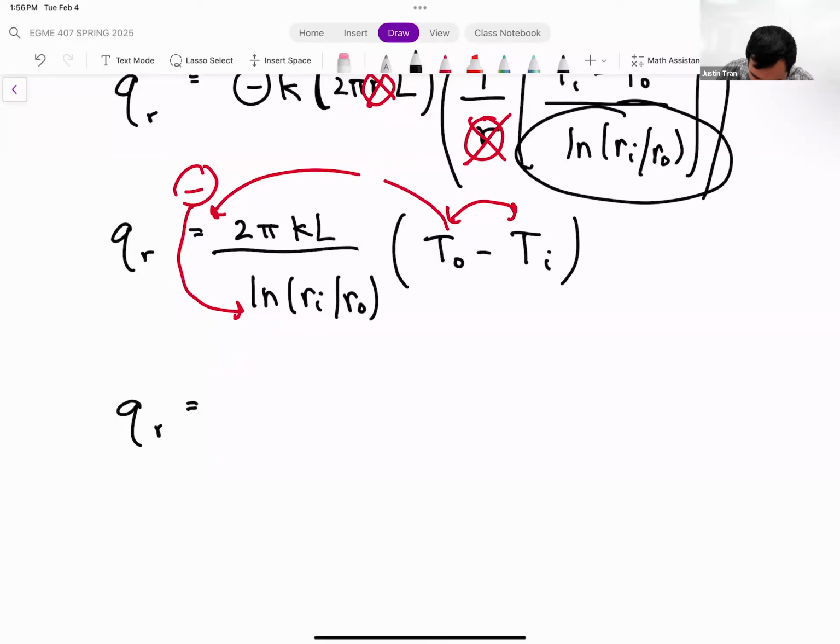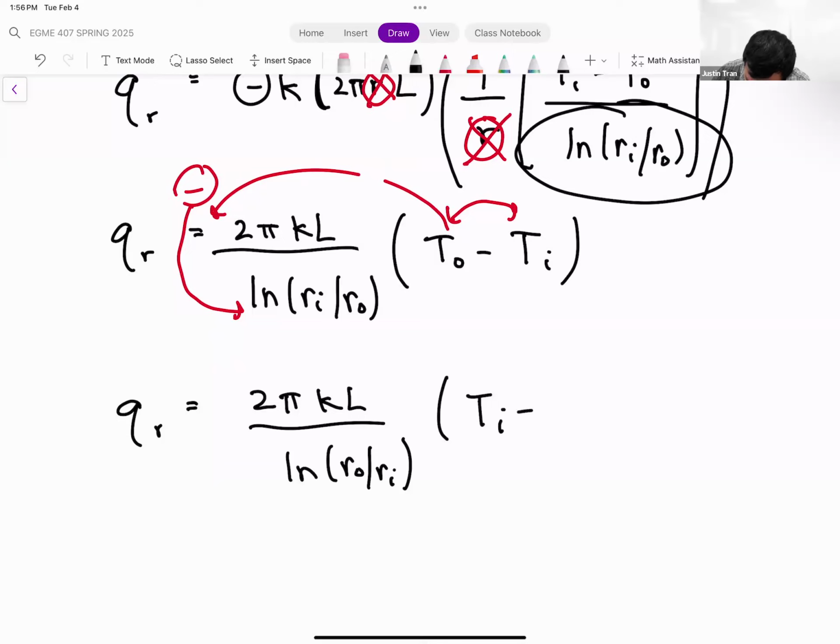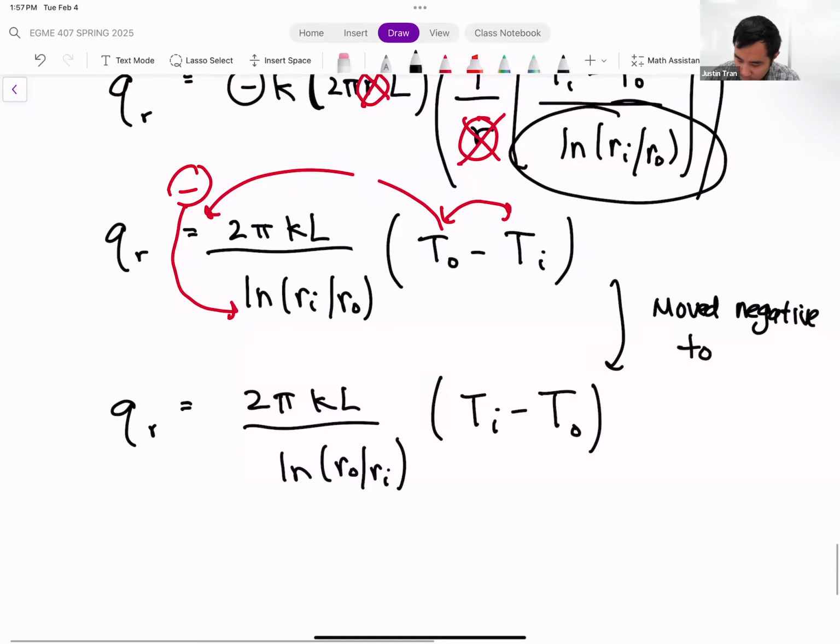I apologize for the mix-up. All I did in this step is move the negative to the logarithm term. I know it's a little confusing. I'm sorry for the confusion.